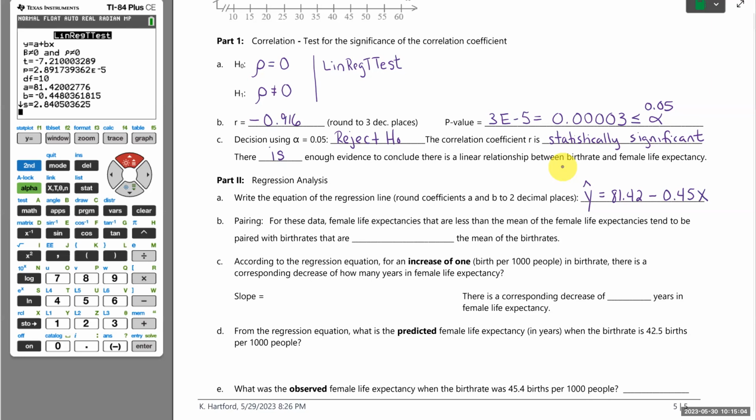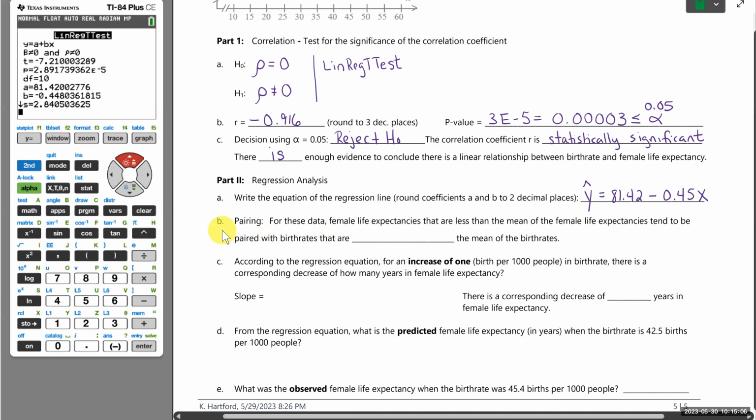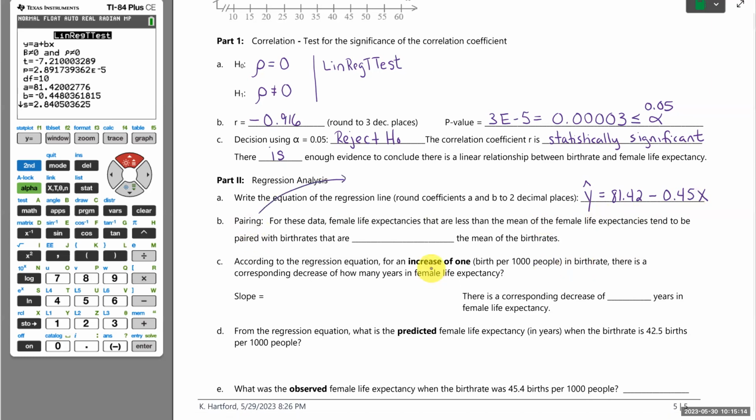All right, next, let's talk about pairing. So in this example, again, we have a negative slope. So I'm just going to make a note here that negative slope, I just informally call this opposite pairing, meaning when one variable goes up, the other goes down, and vice versa.